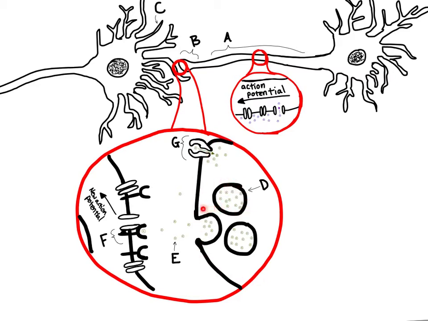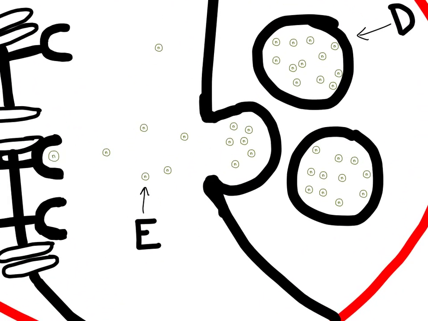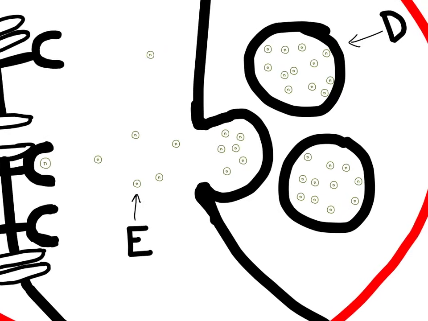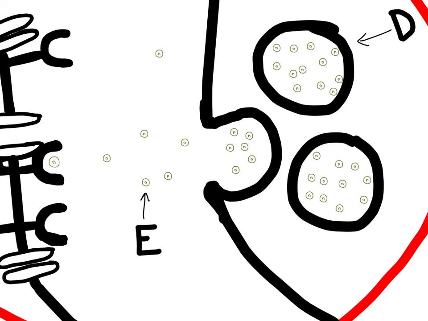Instead, they fuse with the outer membrane of the axon terminal. And when they do so, that means that the inside becomes contiguous with the outside. And now, a second kind of transport, diffusion, is able to take place. These neurotransmitters are at high concentration in this area that was once a vesicle, and they've got all this empty space, and so the molecules start to spread out by diffusion. And they spread and spread and spread into this space right here called the synapse.